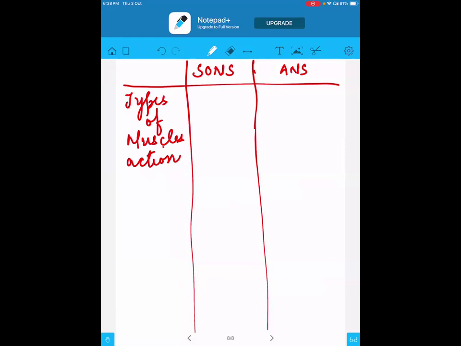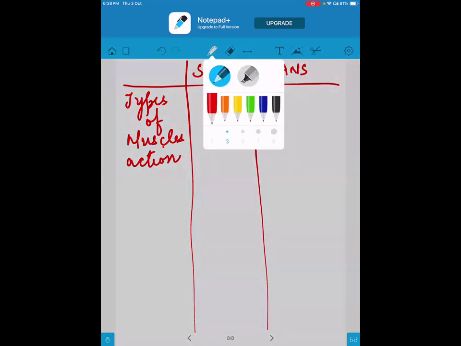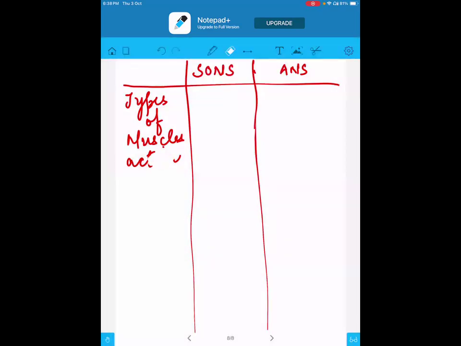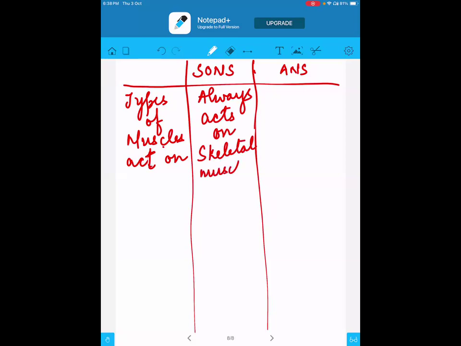So those types they are asking about, what type of muscles they can act on. In the case of somatic, they always act on the skeletal muscles.